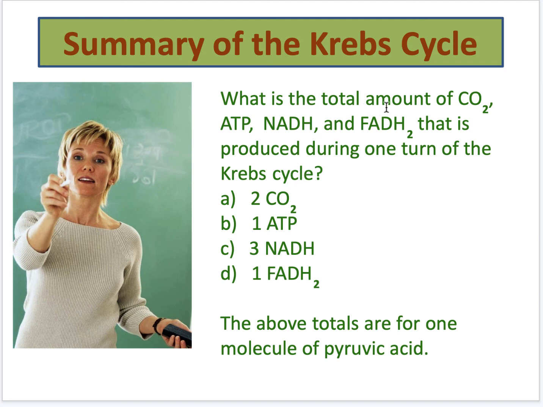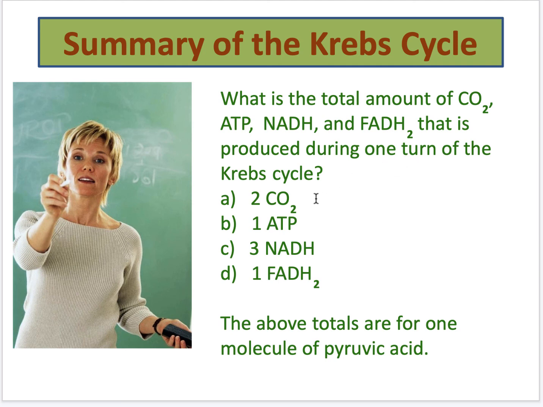So this says what's the total amount of carbon dioxide, ATP, NADH, and FADH2 that is produced during one turn of the Krebs cycle. So this is key, one turn, okay? Because, well, I'll explain why that's important in a second.